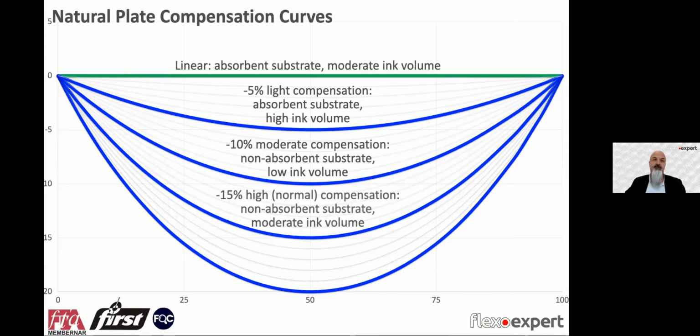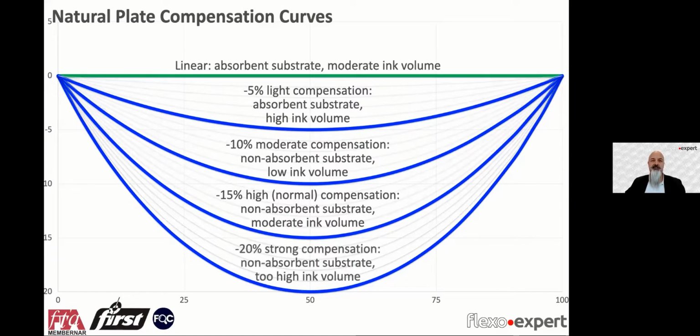Or we go to -15, a harder compensation for non-absorbent substrate and moderate to high ink volume. Going to -20, this is a very strong compensation for non-absorbent substrate like plastic with a very, very high ink volume. Maybe in this case it's really better to use a lower screen count.